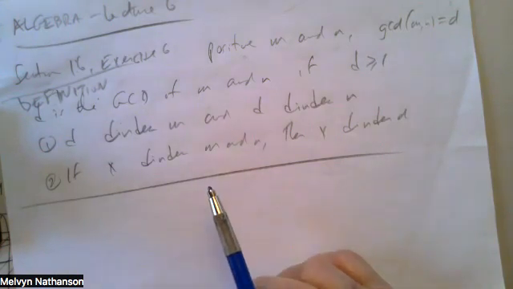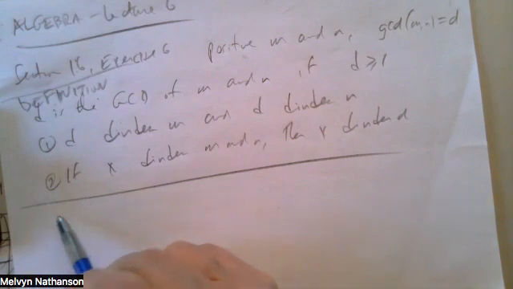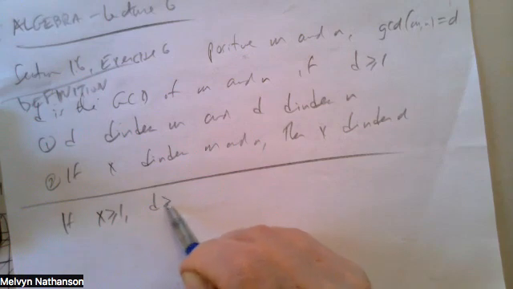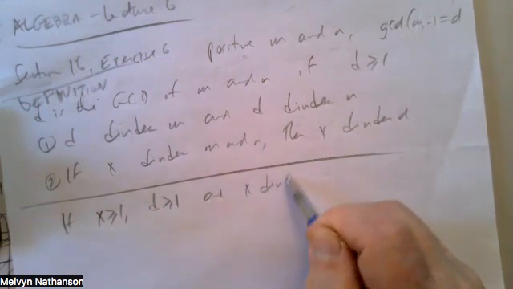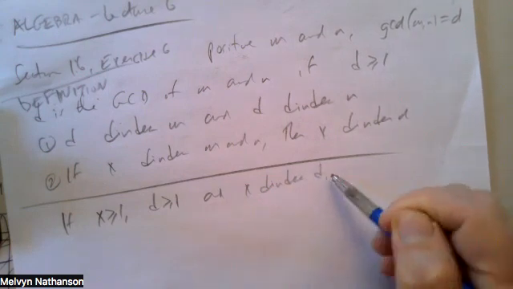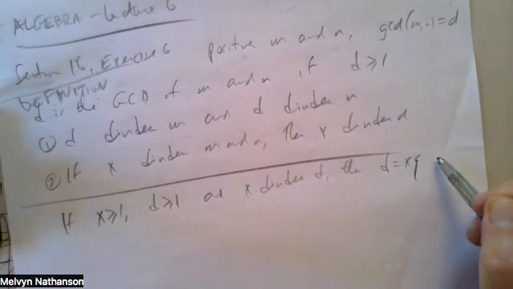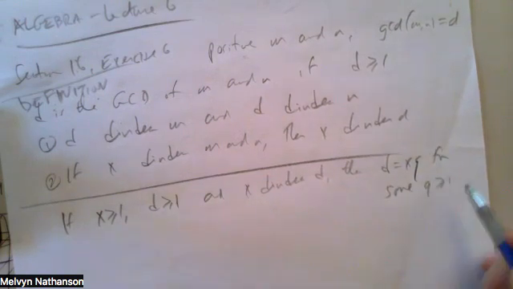So, well, but if x is greater than or equal to 1, and if d is greater than or equal to 1, and x divides d, then d is x times q for some q greater than or equal to 1.